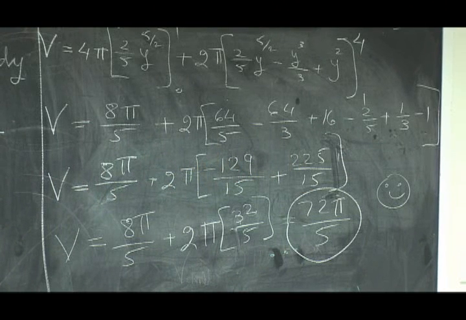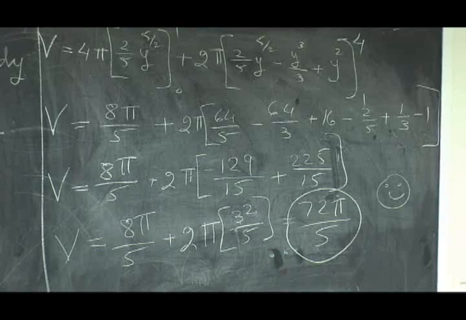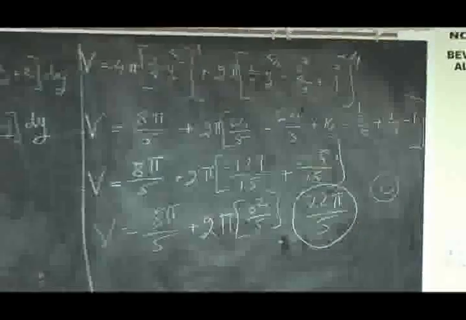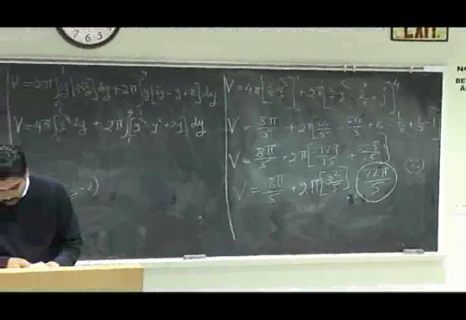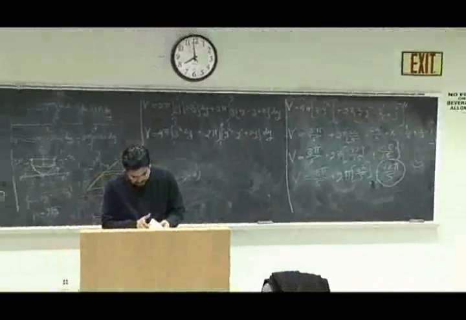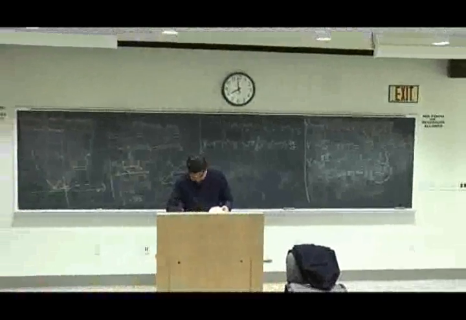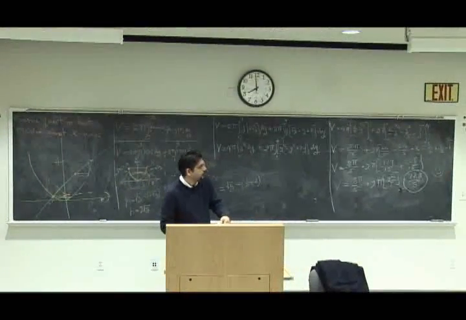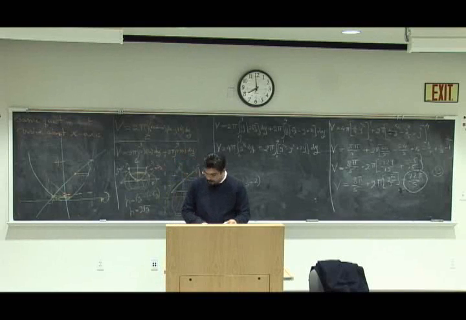I'll check the answer. This is a problem from your book, actually. It's number 25 in section 6.2. That might give you a good idea about what type of problems to focus on in this chapter. Yes, 72 pi over 5.